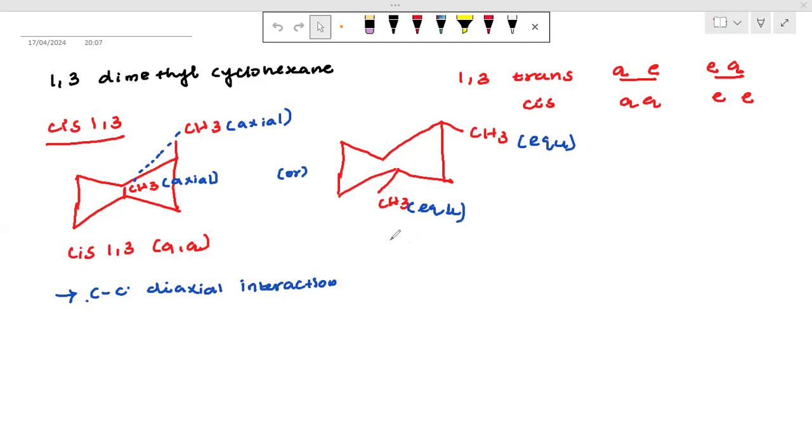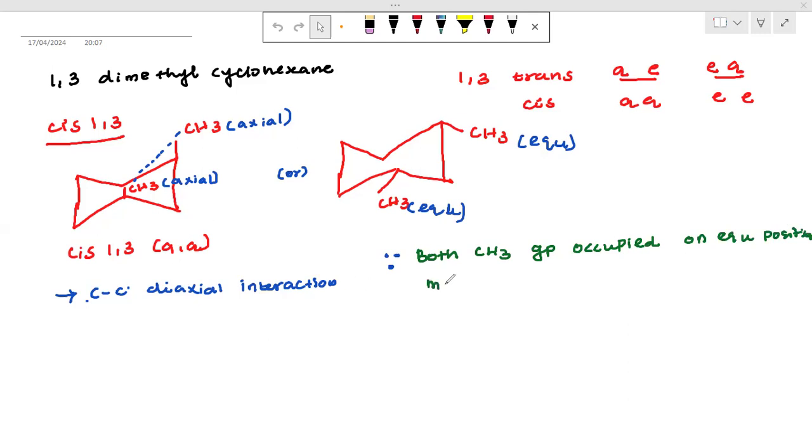Okay, now look. So the final conclusion, write it as a highlighted point. Both methyl groups, both CH3 groups, occupied in the equatorial position is more stable.